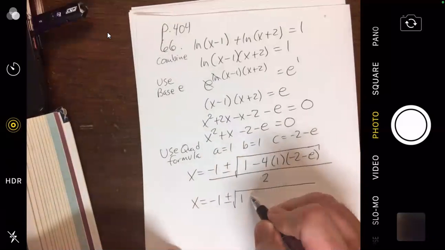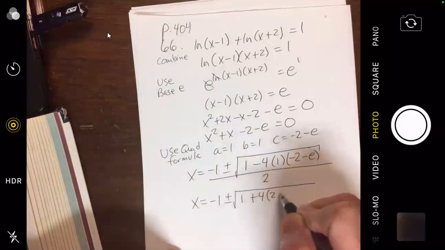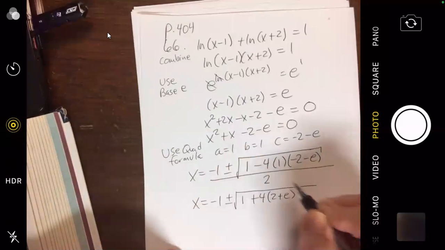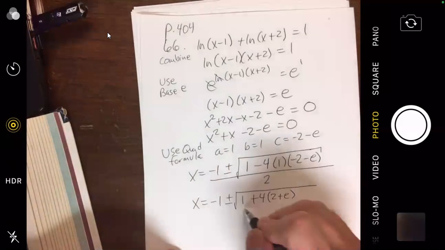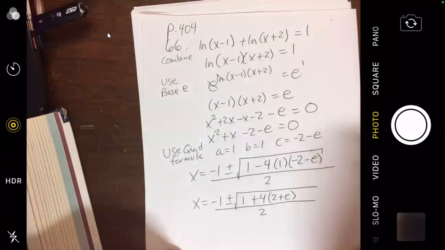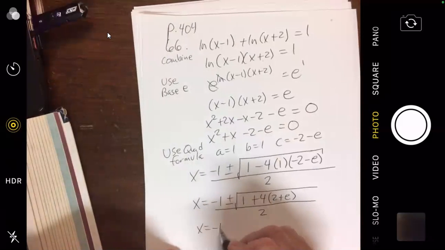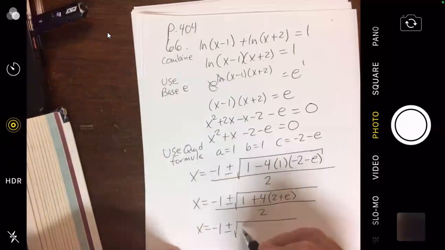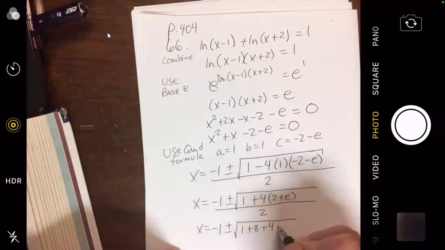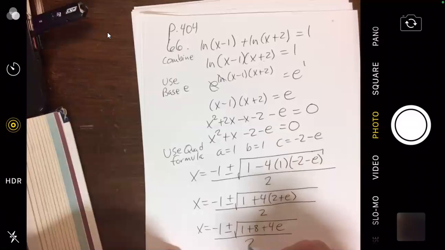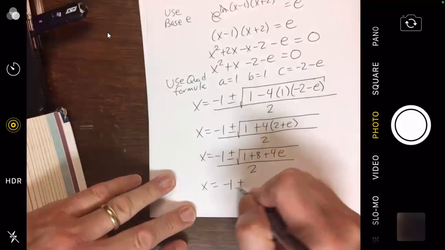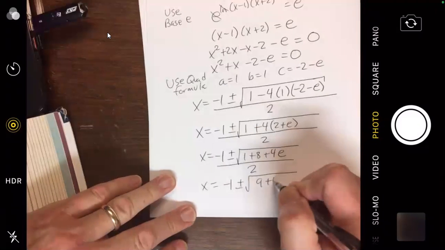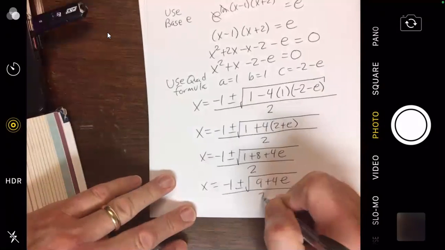You factor out your minus, you're going to get a plus 4 times 2 plus e. Or you can take that negative through, and it turns everything positive there, and it's still all over 2. X is then negative 1, add and subtract, big square root, 1 plus 8 plus 4e, all over 2. Oops, negative 1 plus or minus square root of 9 plus 4e, all over 2.